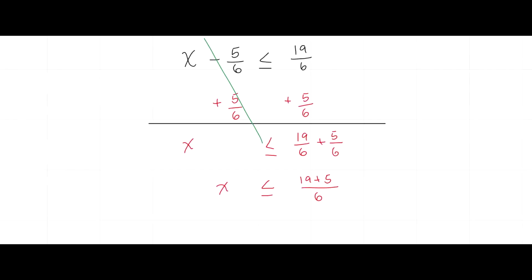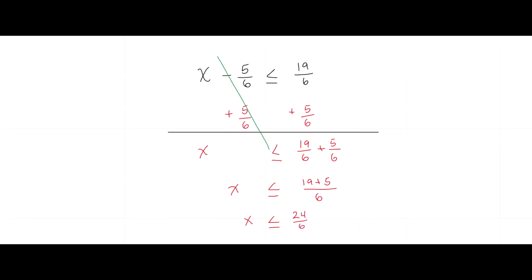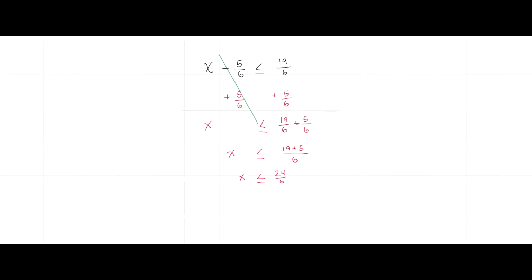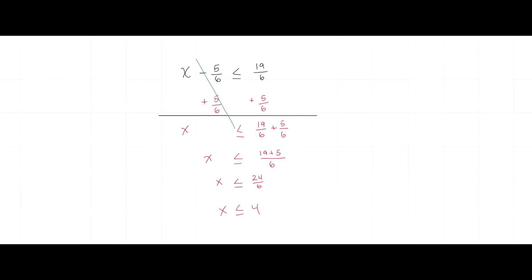So that's going to be x less than or equal to 19 plus 5, which is 24, over 6. And then you're going to have here 4. So now let's graph this inequality.